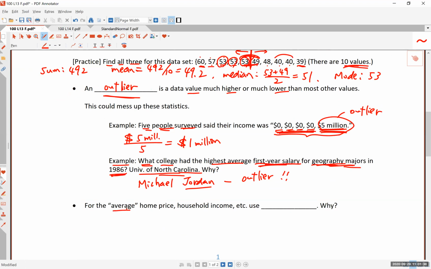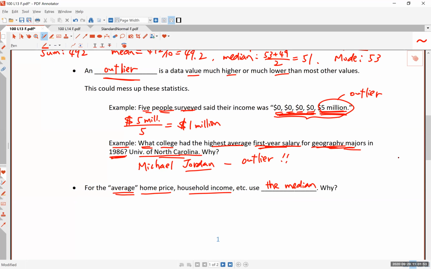All right, so for the average, people don't use the mean all the time. For the average home price, household income, and so on, many people use the median. Okay, so why is it, right? So look at the median in this case here. The median is the middle number here, which is 0, which is a pretty good representation, right?